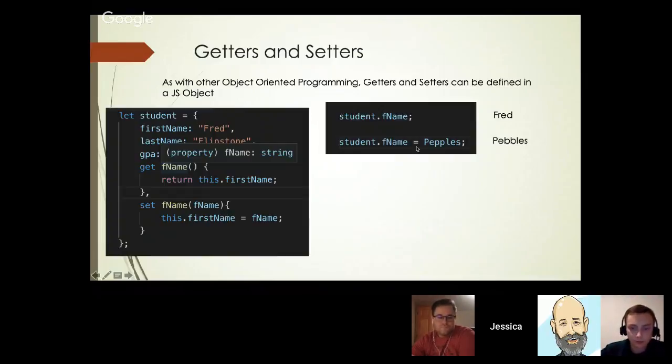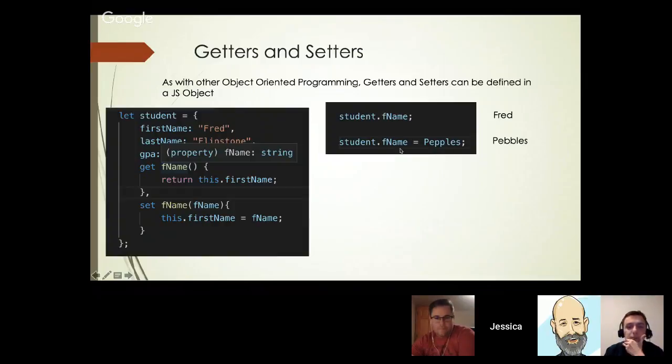To call them is a little bit different. You would say student.fname to get it, like if I was going to store that in another variable. If you wanted to set it, you would just set it equal to a new value. So now Fred's name is Pebbles. Now it's Pebbles Flintstone instead.